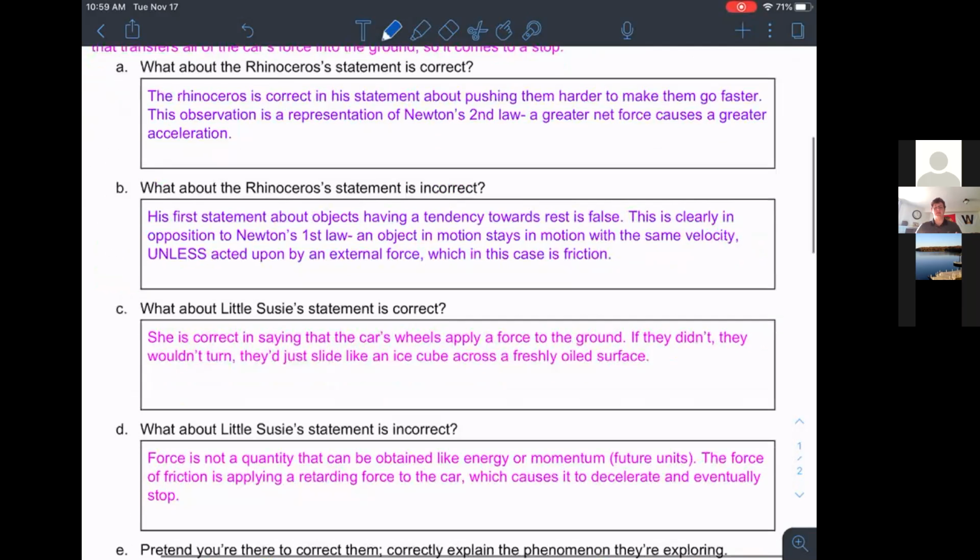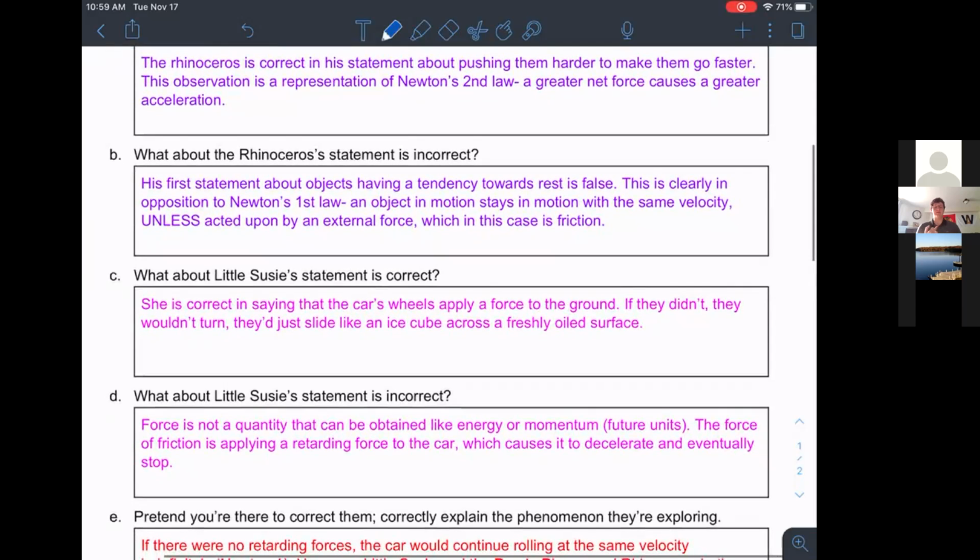All right, then we have little Susie, and what she said that was correct was that the wheels apply a force onto the ground. If they don't, it wouldn't turn. So they're applying that force to make the car move. What she said that was incorrect was that the force is going to transfer all the forces from the car's wheels to the ground, and that's not the case, because force does not get transferred to other objects.